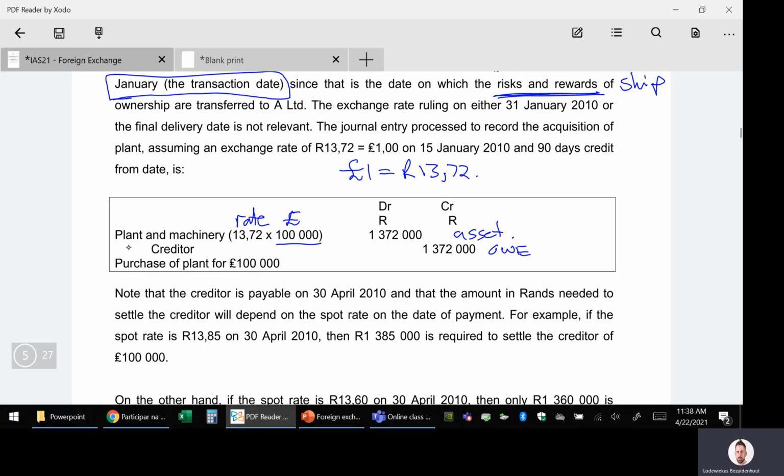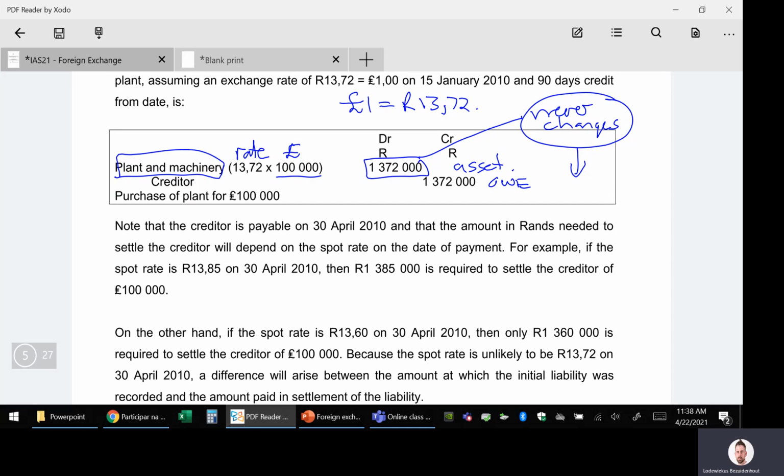Please remember that this 1372 never changes, because now we have an asset in the books. We will use that cost of the asset to calculate depreciation and impairments and whatever the case may be with regards to our PPE. So that cost of the asset, 1372, will never change.